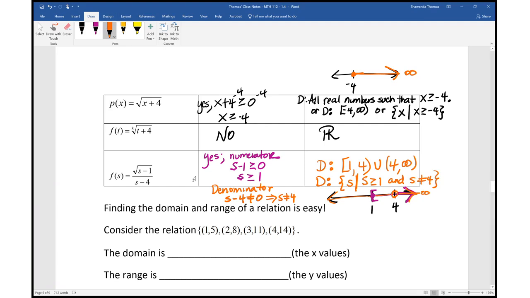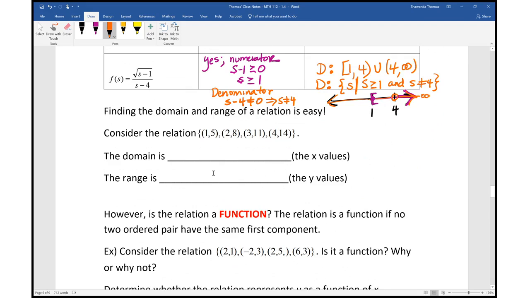All right, let's go to what you probably remember domain and range to be back in middle school, maybe. Consider the relation. A relation is a set of points. We have a set of points 1, 5, 2, 8, 3, 11, and 4, 14.